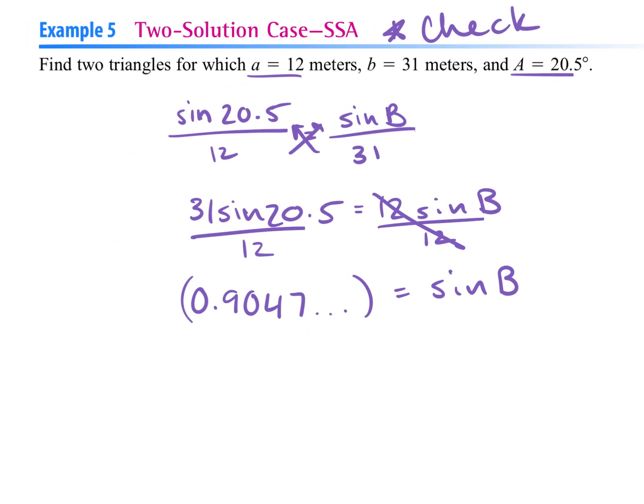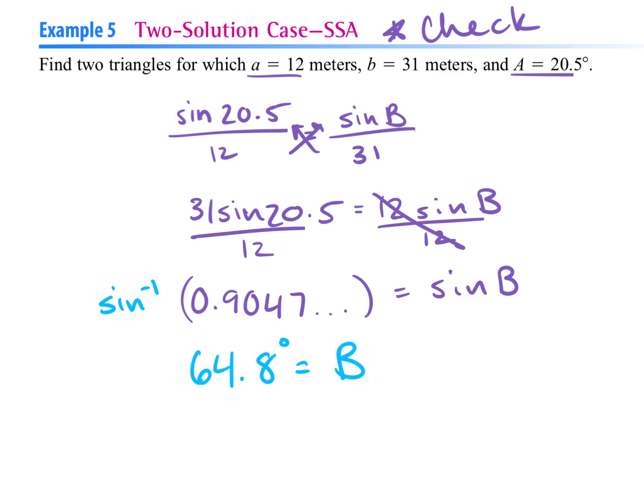No. How do we find the angle? Take the inverse sine. So sine -1 button. So when you do the inverse sine of this answer, you should get 64.78. We'll call it 64.8. So that is our angle B, 64.8 degrees.